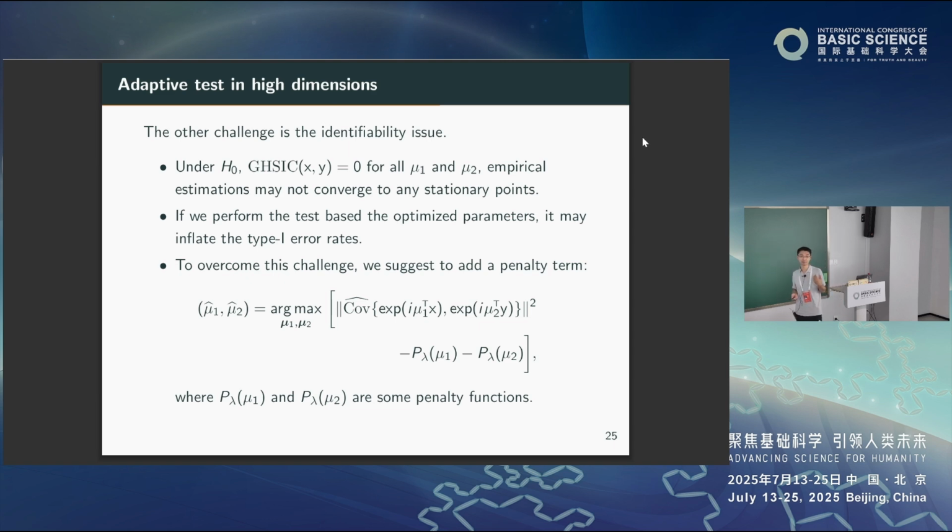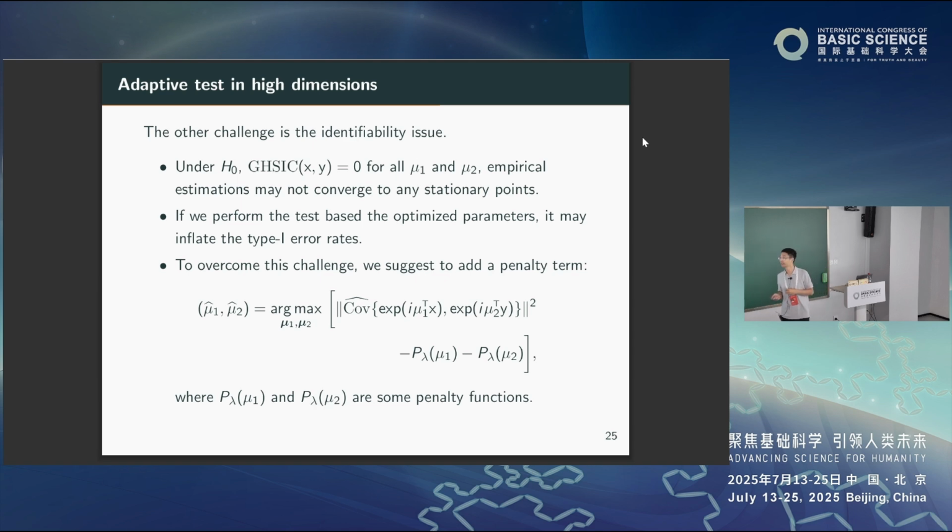There is an easy way to address this, because, for example, we can split the data. We split the data into two halves. We use the first half of the data for optimization to find some mu1 and mu2, and we use the second half of the data to perform the test.